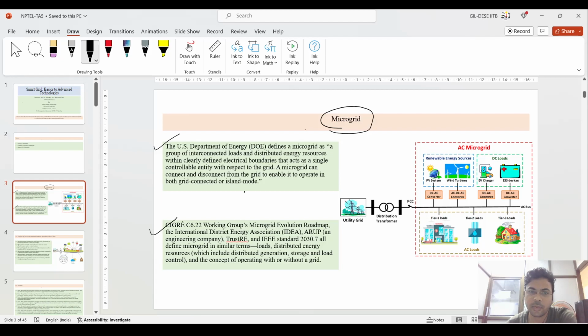The microgrid, as defined by the U.S. Department of Energy, is a group of interconnected loads and distributed energy resources within clearly defined electrical boundaries that acts as a single controllable entity with respect to the grid. A microgrid can connect and disconnect from the grid to enable its operation in both grid-connected or islanded mode.